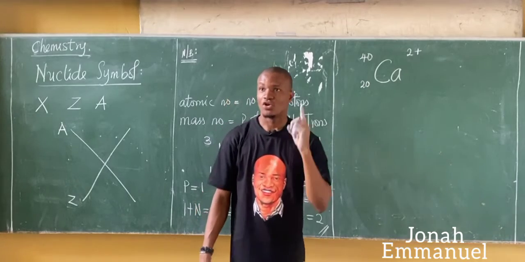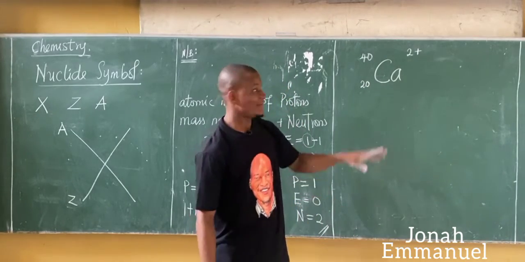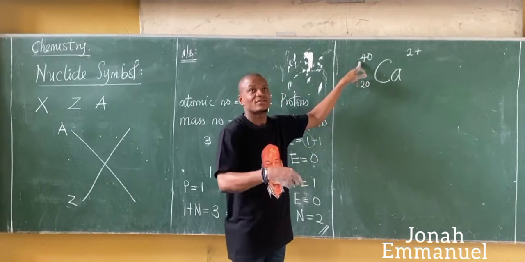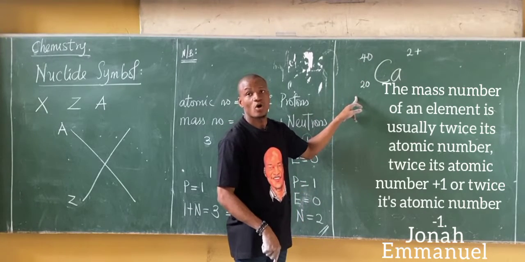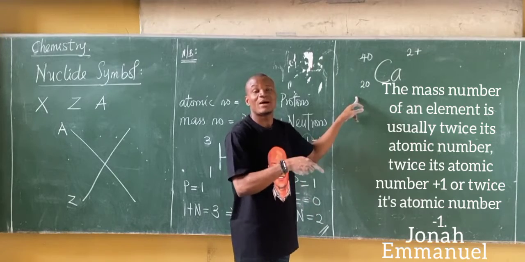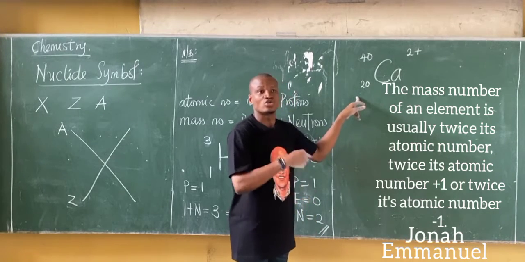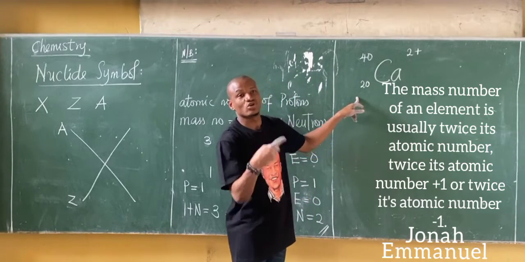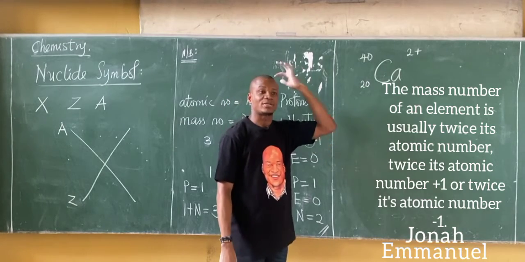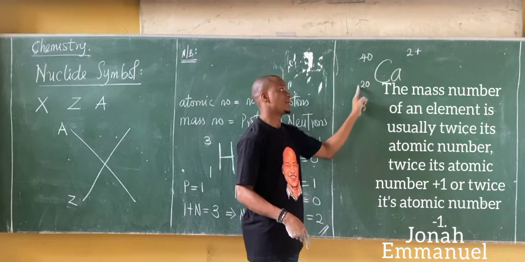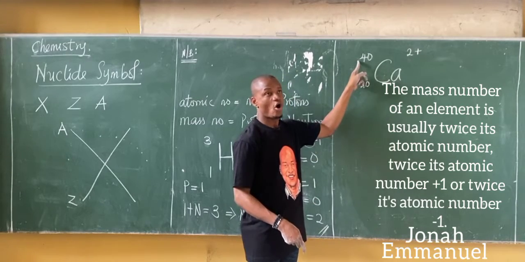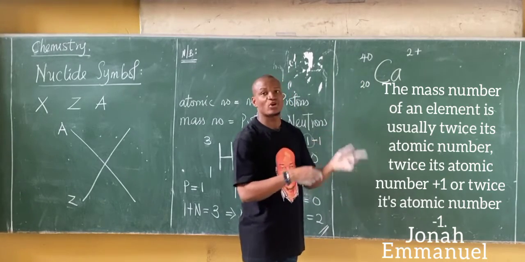What do you do? Always note this, that the mass number of an element is usually 2 times the atomic number, or 2 times the atomic number plus 1, or 2 times the atomic number minus 1. The mass number of an element is usually 2 times its atomic number, as you can see here, 40, or 2 times atomic number plus 1.